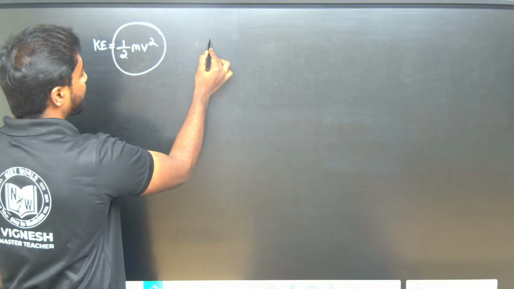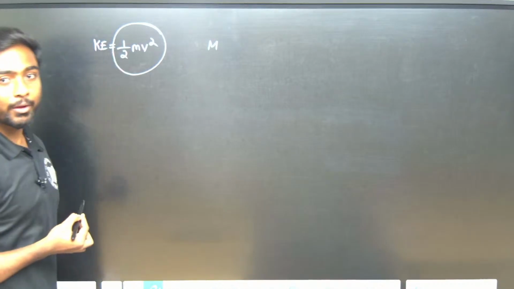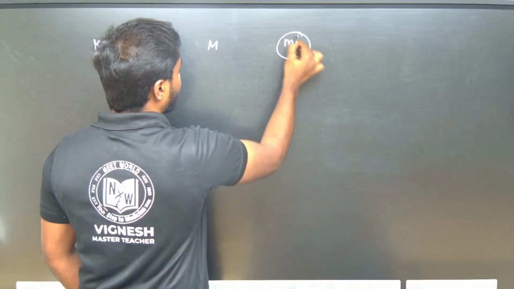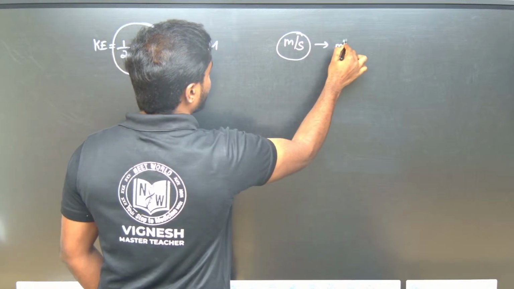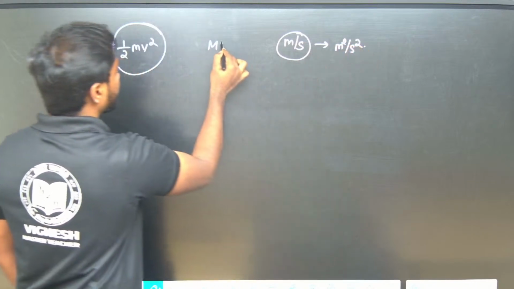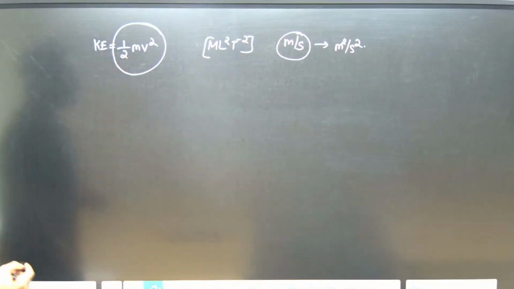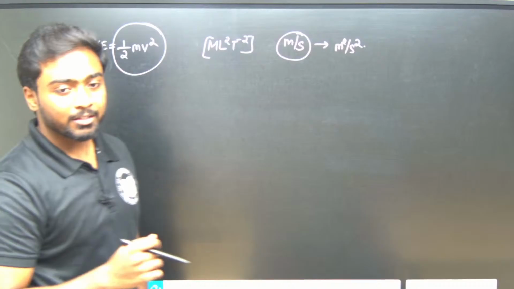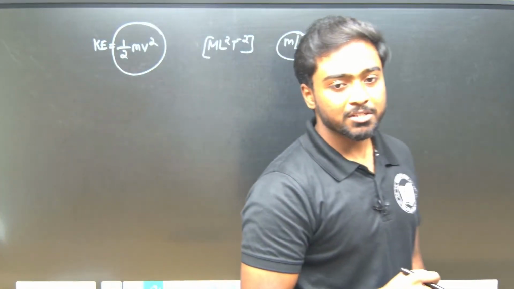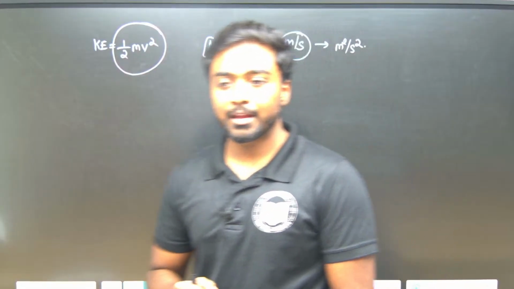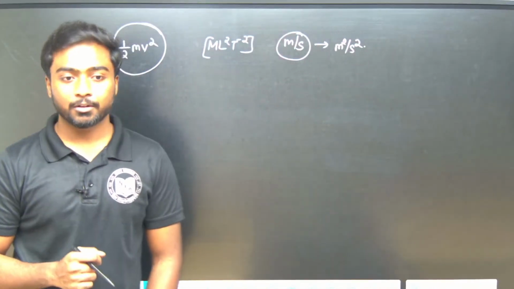Mass is M, and velocity is meter per second; when I square it, it is meter square per second square, so this is L square T power minus 2. So am I getting the same thing? For kinetic energy or whatever energy, the dimensional formula will be the same as work done, that is M L square T power minus 2.